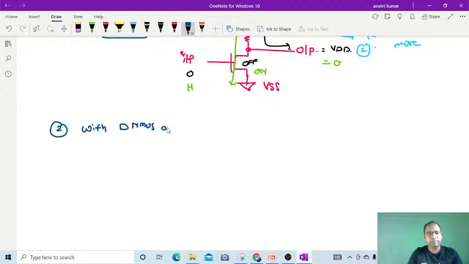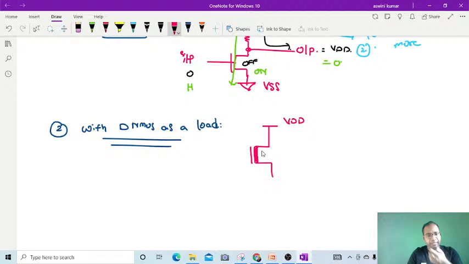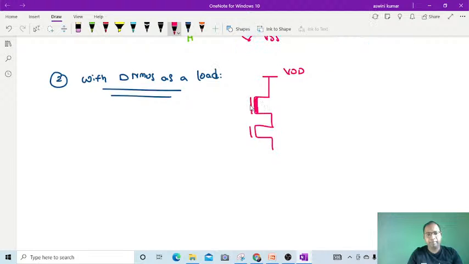In this one, we are taking the depletion N MOSFET in the place of load, and we can also say that in the pull-up section place, we took the depletion MOSFET. So it is a circuit, and it is the input, and it is the output.